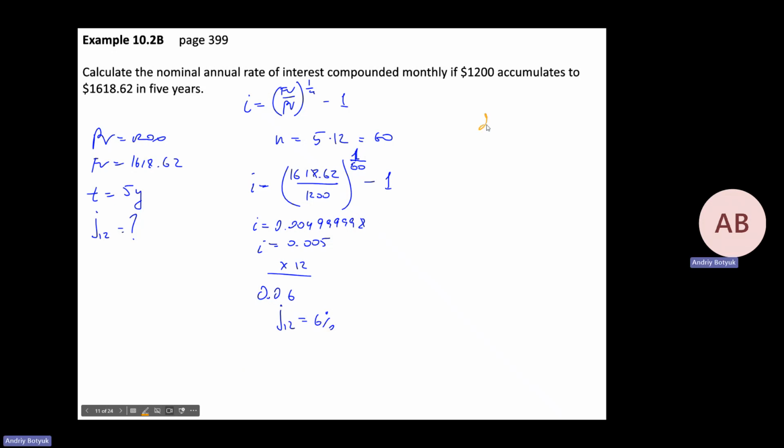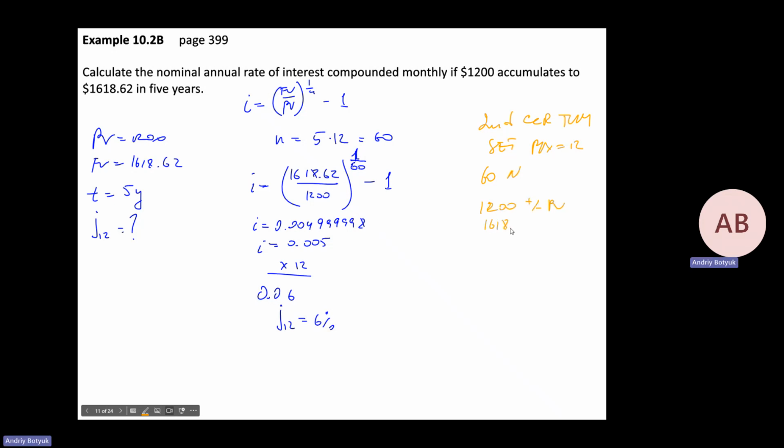Okay. So second, clear TVM. Guys, you don't have to do both on the test. You choose one way of calculation. If you use the calculator, I want to see this formula, this process, as your solution. Okay? So that will be your answer on a test if you decided to use a calculator. Set PY to 12, right? So 60 for N. Then IY we're looking for. 1200, change sign for PV.